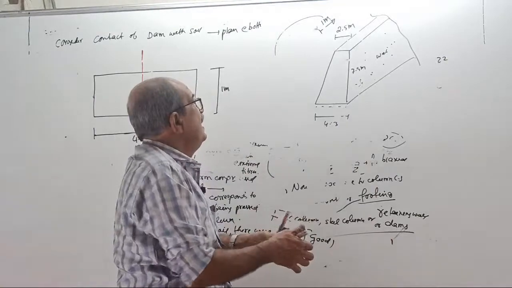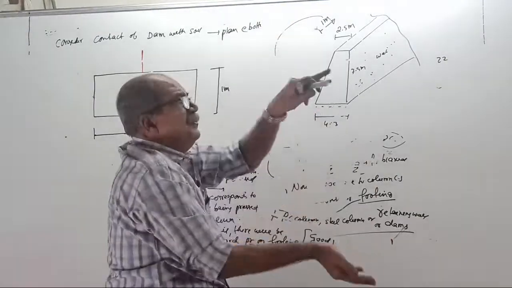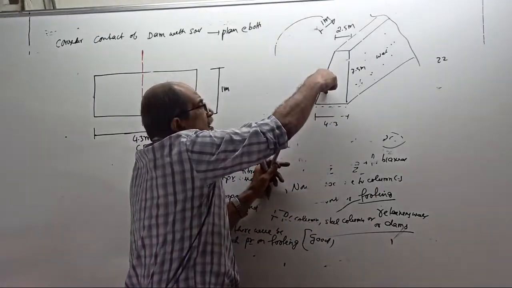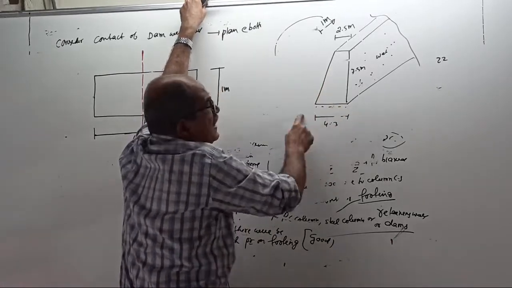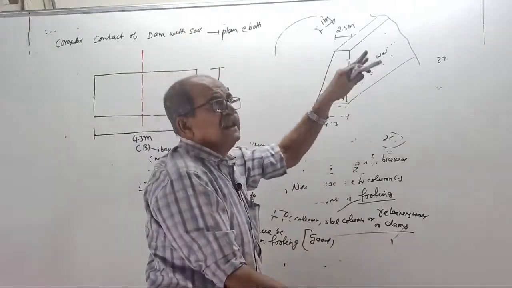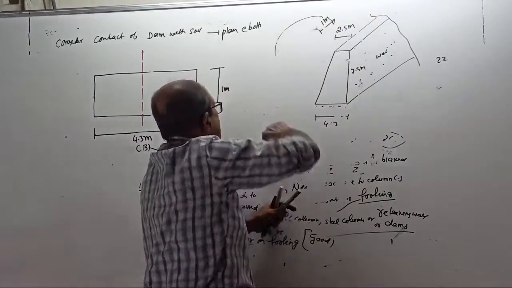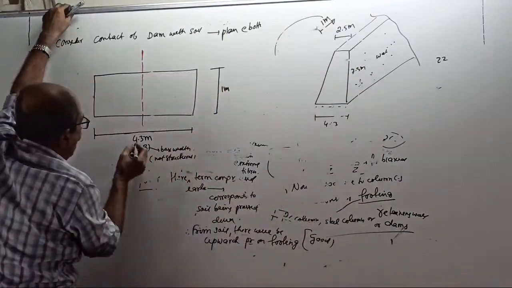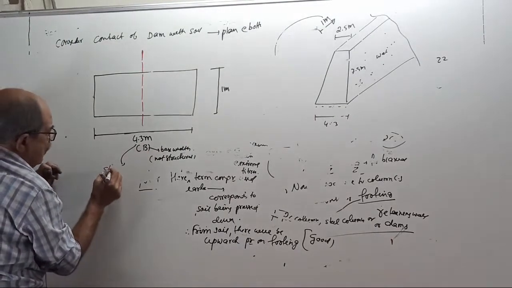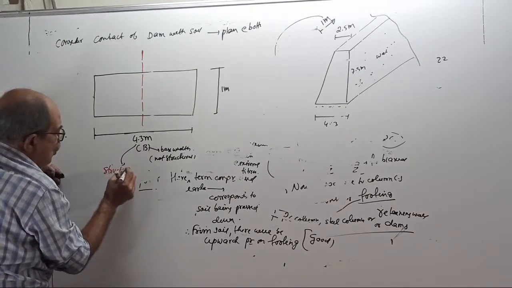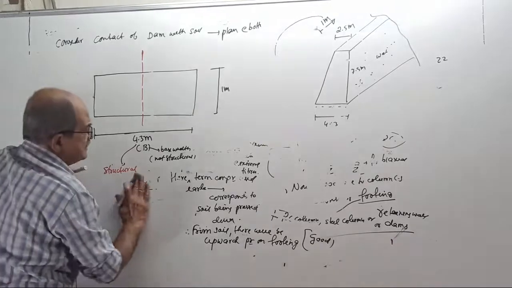Clear or not? Due to load, if it is eccentric load, eccentricity is along 4.3, and if it is water pressure, it will topple like this. So this 4.3 meter will become structural what? Tell me.